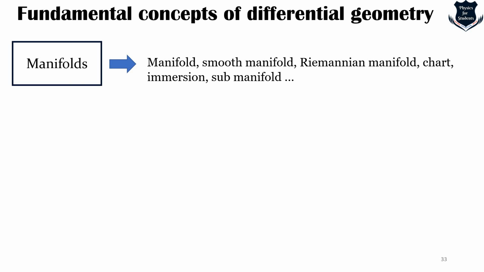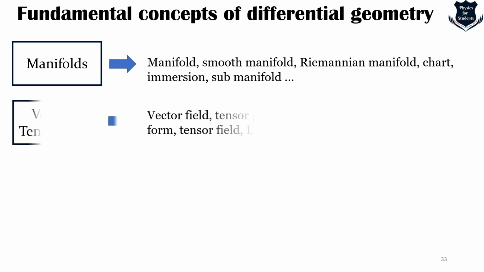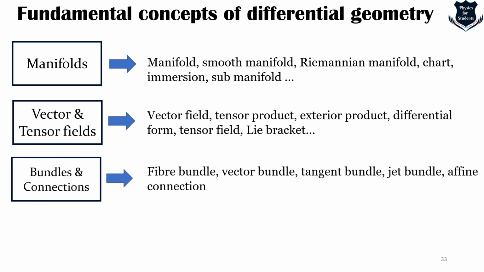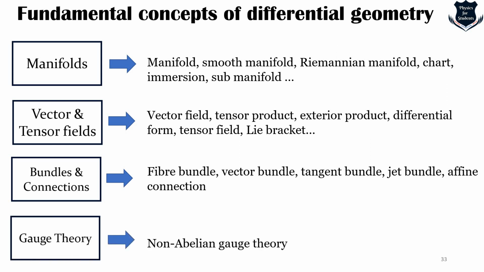The first fundamental concept revolves around manifolds, which include Riemannian manifolds, charts, immersions, etc. Then we come across what are called vector and tensor fields, which lead to the Lie bracket, vector fields, and tensor product. The third would be bundles and connections, which is called fiber bundle. We just saw who discovered fiber bundles, vector bundles, and so on. And finally, the gauge theory, which comprises the non-abelian gauge theory.